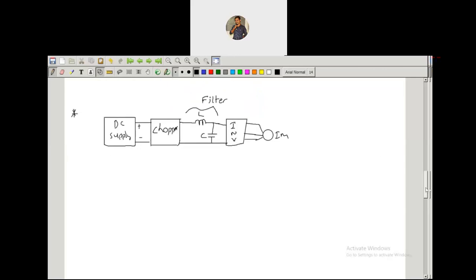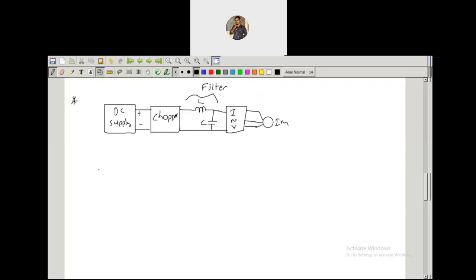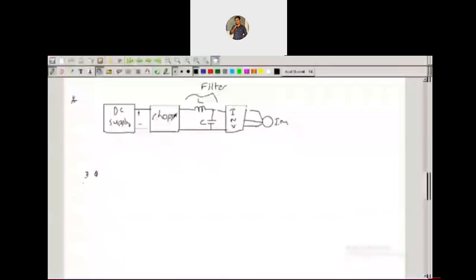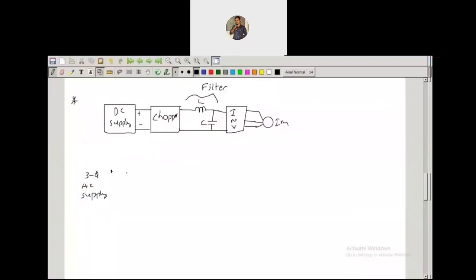And one more possibility here: if you are available with the three-phase AC supply, now this will be given to the three-phase converter, which will convert the AC to DC, and at the output of the converter we are going to get the variable DC value.